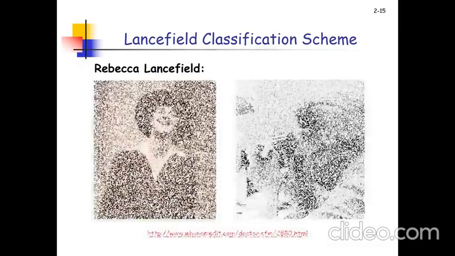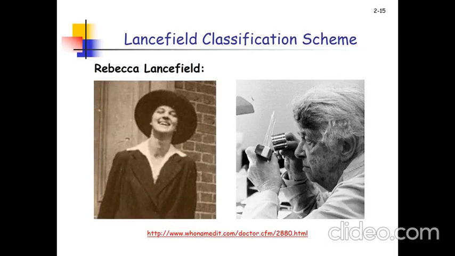So returning now to the Lancefield classification scheme, I want you to turn over to 2-15 in your course packet. That is where we have some information to fill out about that Lancefield classification scheme. Now, this was developed by Rebecca Lancefield. If you know much about the history of science, it's actually pretty rare to find many women who made significant contributions, and a lot of it is just because of the old boys club type of mentality.